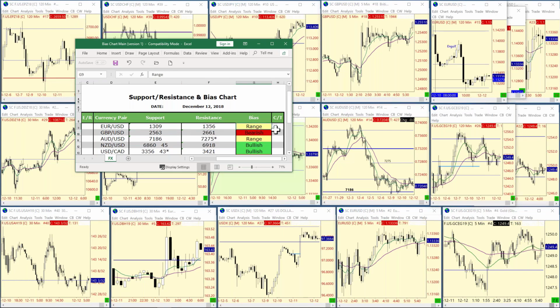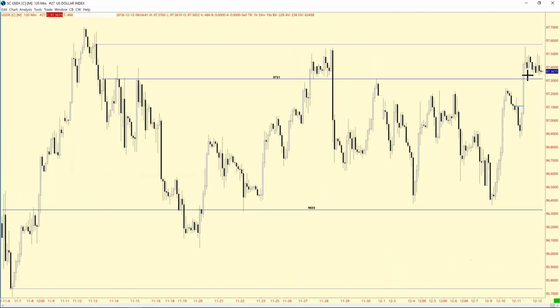And we would now have to move this to bearish on a short-term basis. And even with the way the dollar index is trading right here, it almost seems like it's just waiting for something to go on and push one way or the other.